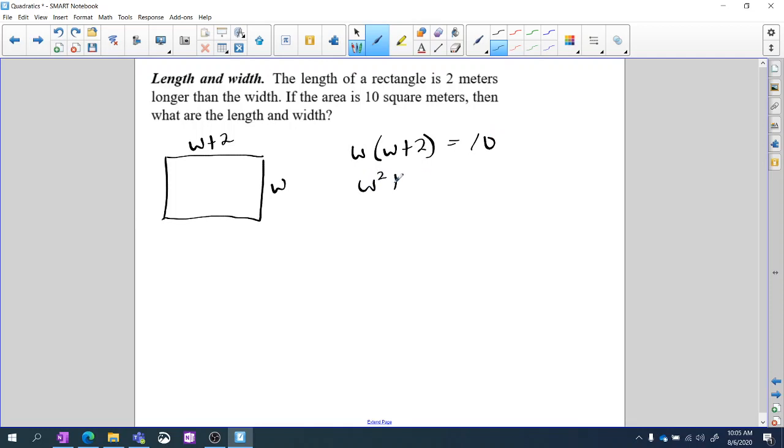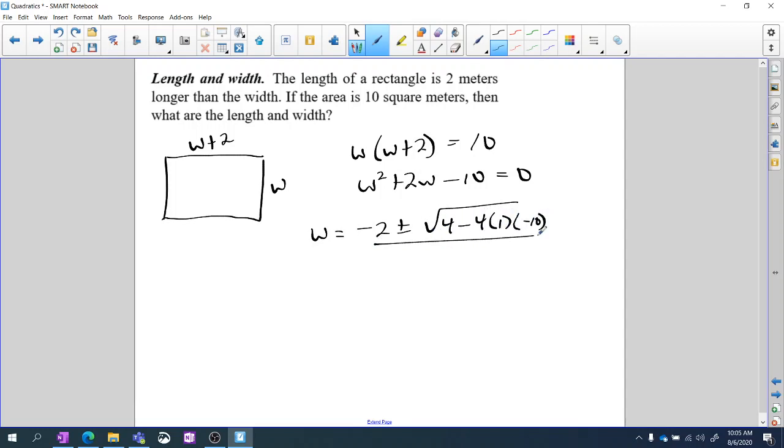W squared plus 2W. Bring your 10 over. Multiply to get -10, add to give 2. There are no factors. We're going to have to go quadratic formula. W equals -b plus or minus square root b squared minus 4 times a times c, divided by twice a, -2 plus or minus the square root of 44.